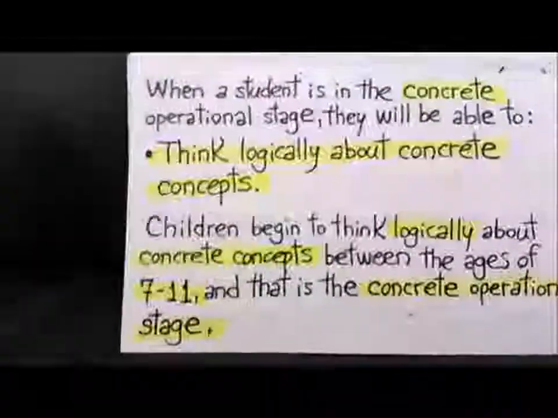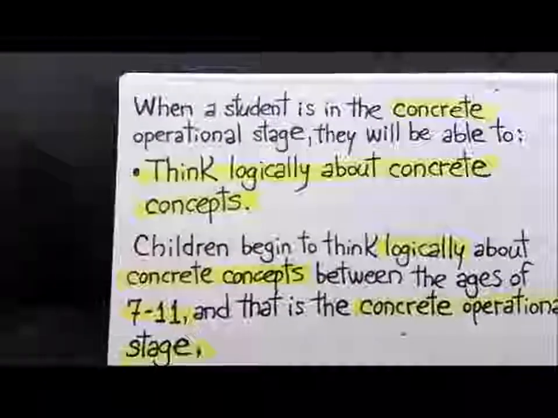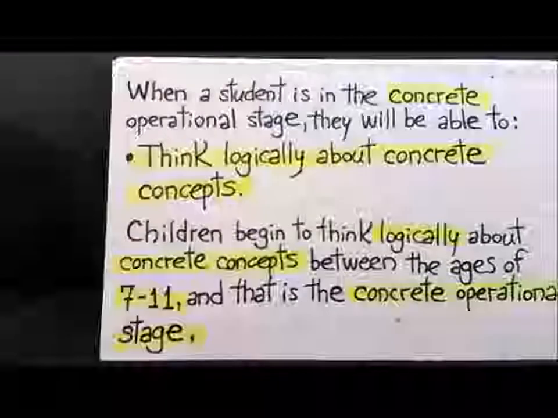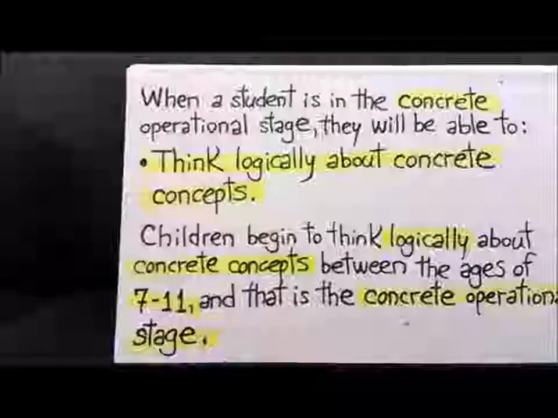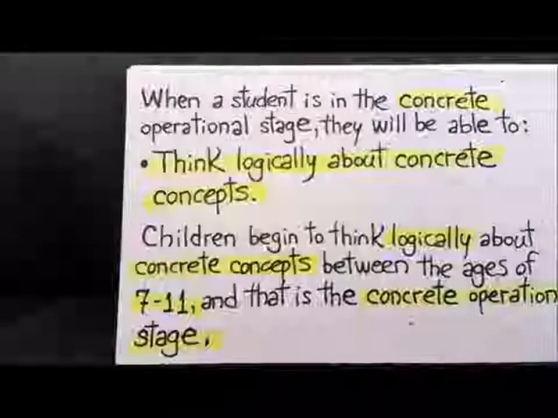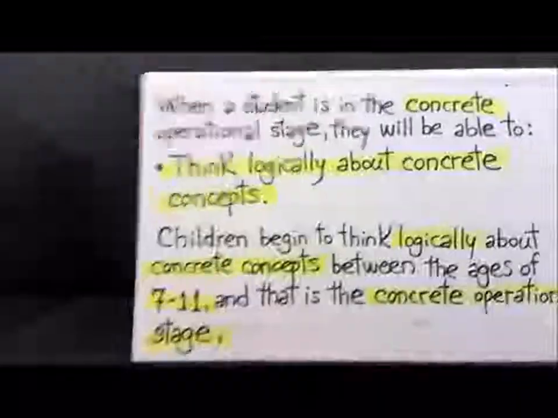When a student is in the concrete operational stage, they will be able to think logically about concrete concepts. Children begin to think logically about concrete concepts between the ages of 7 and 11. And that is the concrete operational stage.